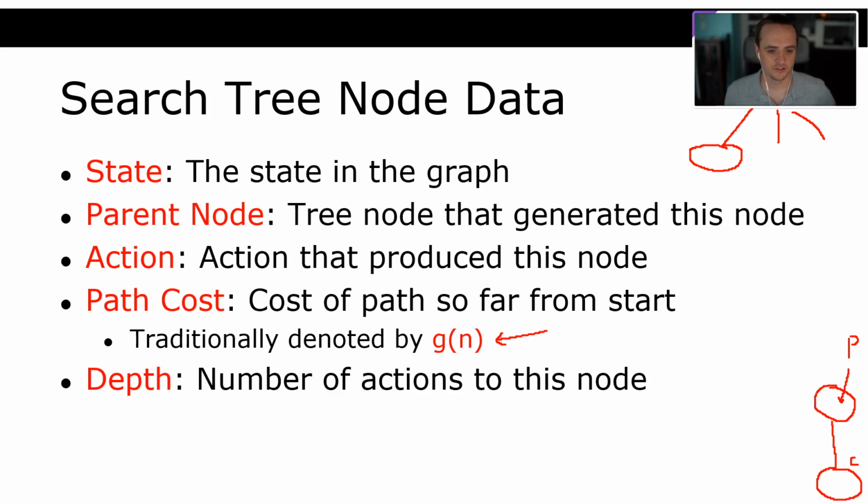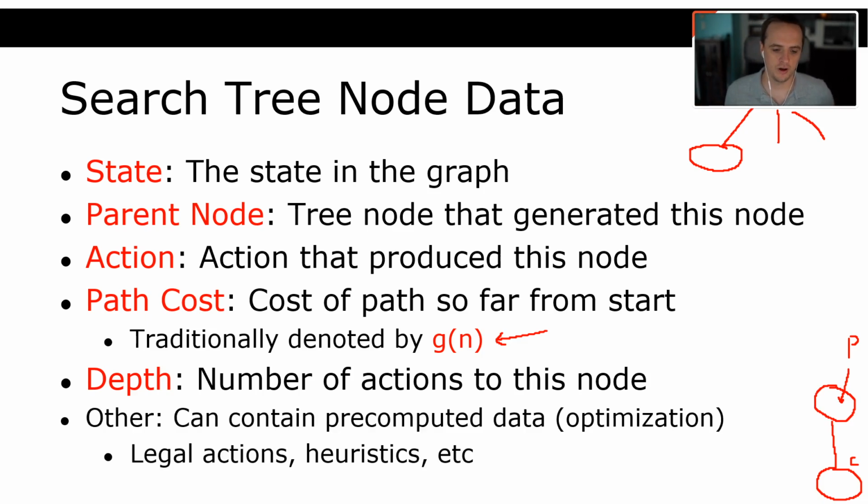The depth of the search is different from the path cost. The depth of the search in the tree is the number of actions that we have taken to get to this node, okay? So if we are at depth 2 in the search, it means that we have taken 2 actions to get there. Sometimes we refer to the root node as depth 0, and then the layer after the root node is depth 1, and then the one after that is depth 2.